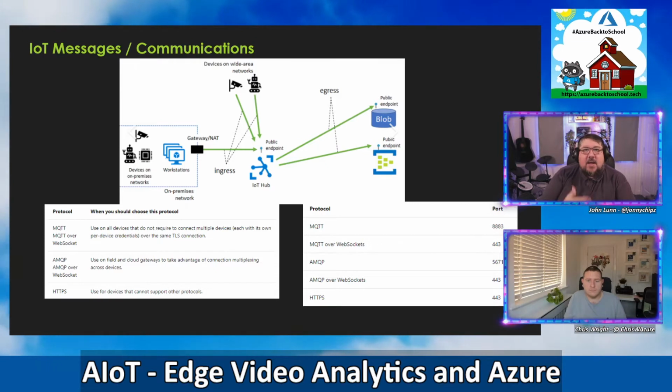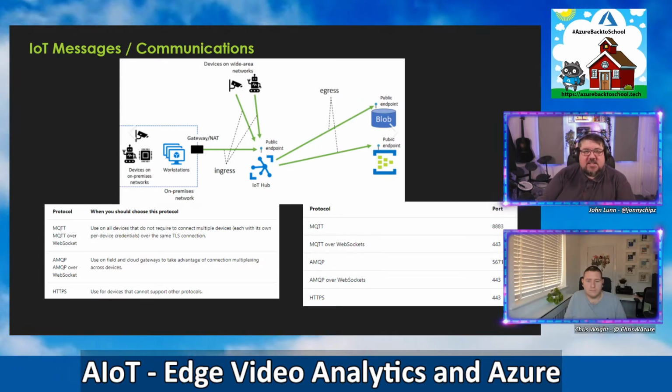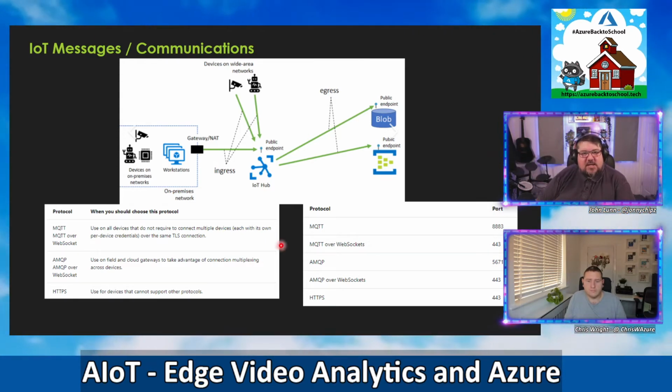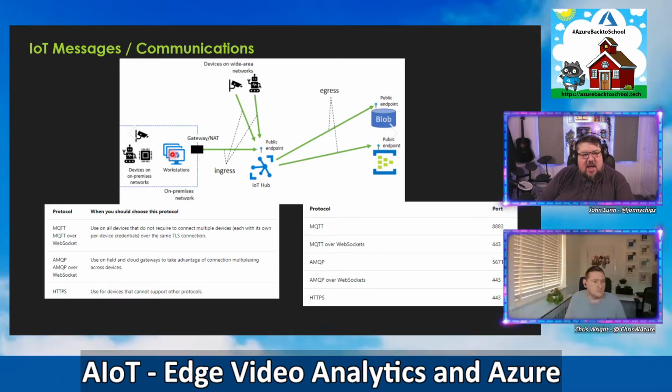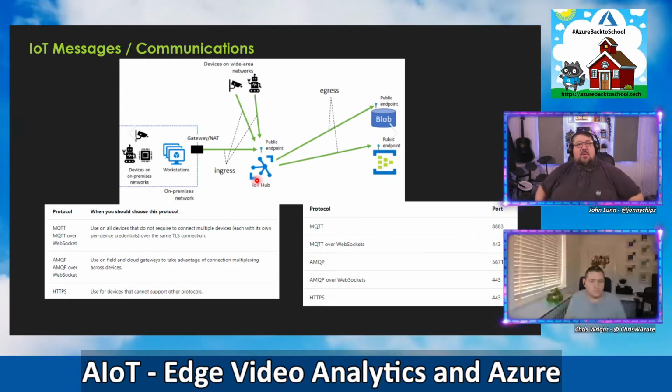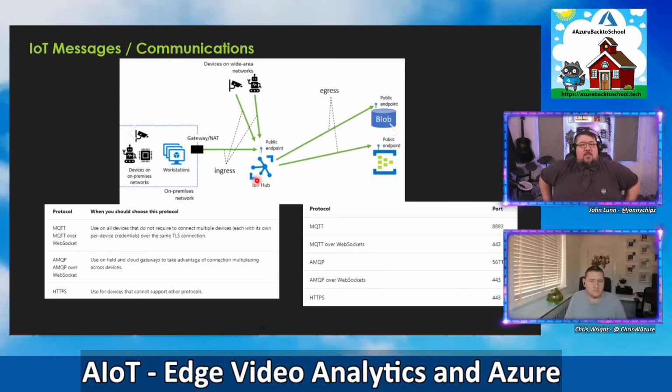So we can take multiple connections from multiple devices all hitting the same edge device, which would then communicate up. Multiple devices all talking AMQP up to the IoT Hub effectively via the edge device.